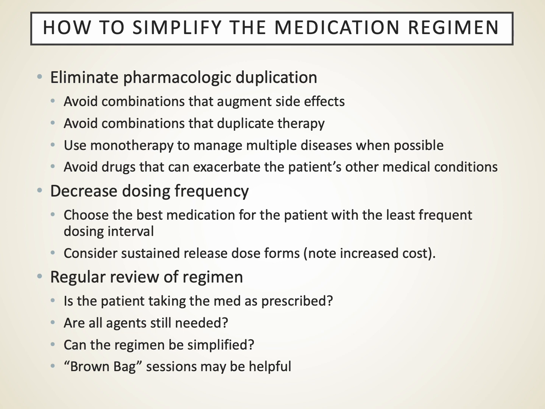Do they still need it? Is there some regimen issue that could be simplified? Have patients bring everything they take in with them, brown bag, meaning their prescription meds, their non-prescription meds, their herbal supplements, their probiotics, all of it, and make sure that you have access to all of that and look it through.